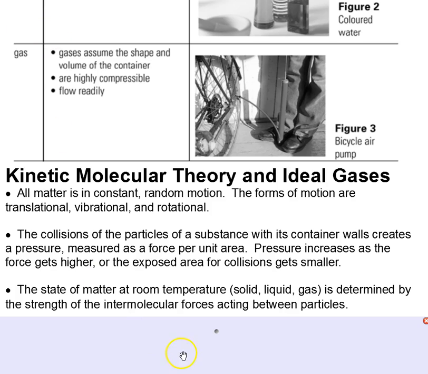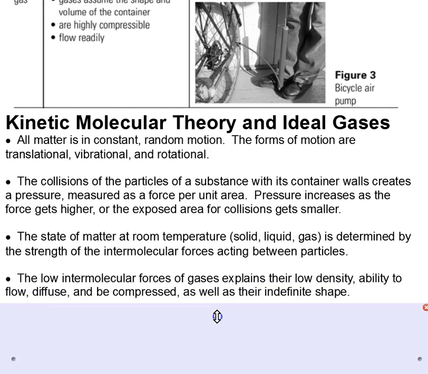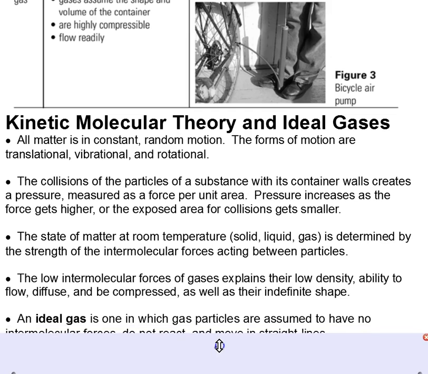That would be one of the assigned questions for you, to be able to explain the trend there. Other properties which can be explained by intermolecular forces would be density, ability to flow, diffuse, ability to be compressed, as well as shape. The low intermolecular forces of gases in particular explain all of these properties.